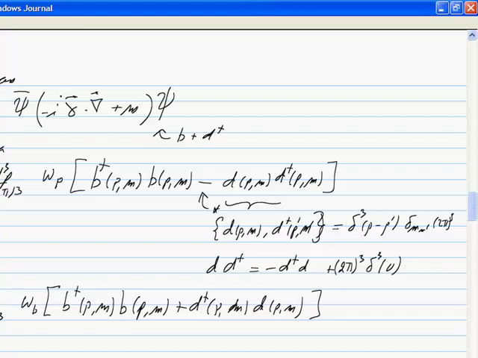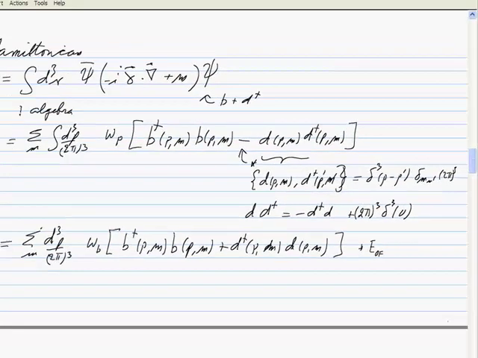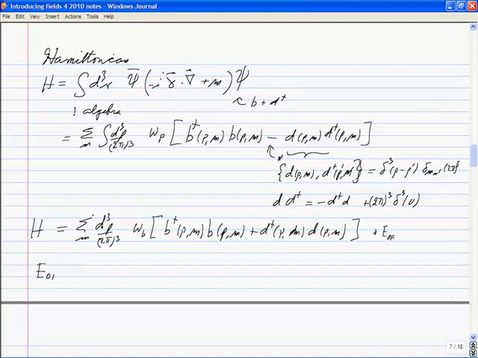That's the beauty of this construction. All the energies have the right sign, and then there's some zero-point energy for fermions, which is minus 2V integral d^3p over (2 pi)^3 times omega_p.